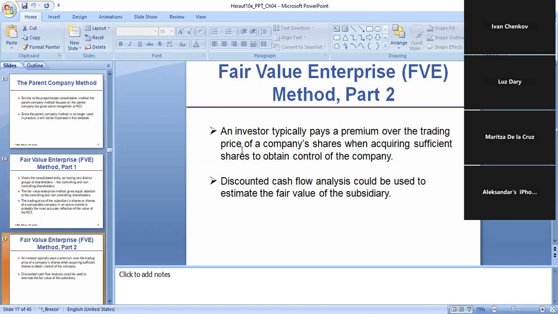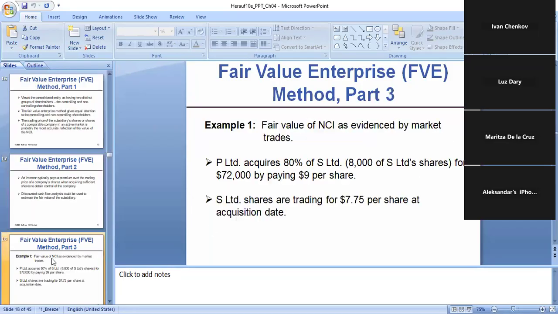The investor here typically pays a premium over the trading price of the company shares when getting control. Discounted cash flow analysis could be used to estimate the fair value of the subsidiary if we want to go that way.